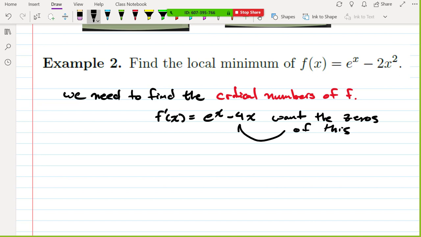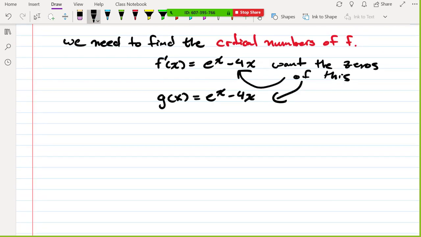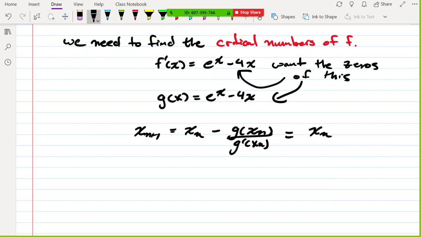So we're going to apply Newton's method to this. And just to make it a little bit clearer, instead of calling it f prime, I'm going to call it g. Because our formula then is going to be x sub n plus 1 is equal to x sub n minus g of xn all over g prime of xn. If we wrote that in terms of f, since we want the zeros of the derivative, it would be x sub n minus f prime of xn divided by f double prime of xn.